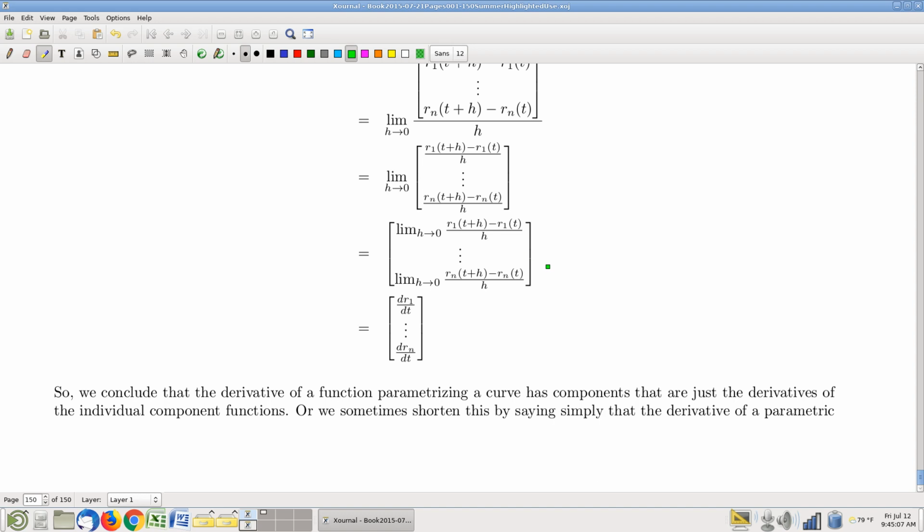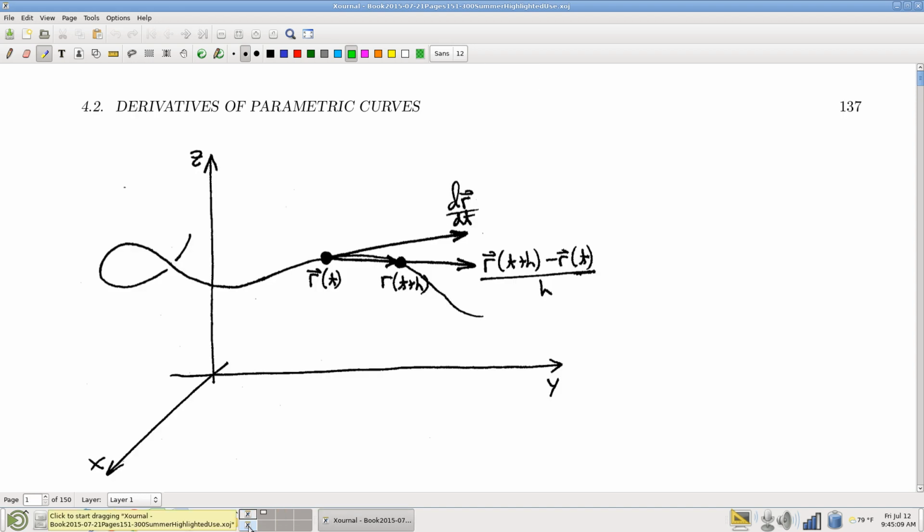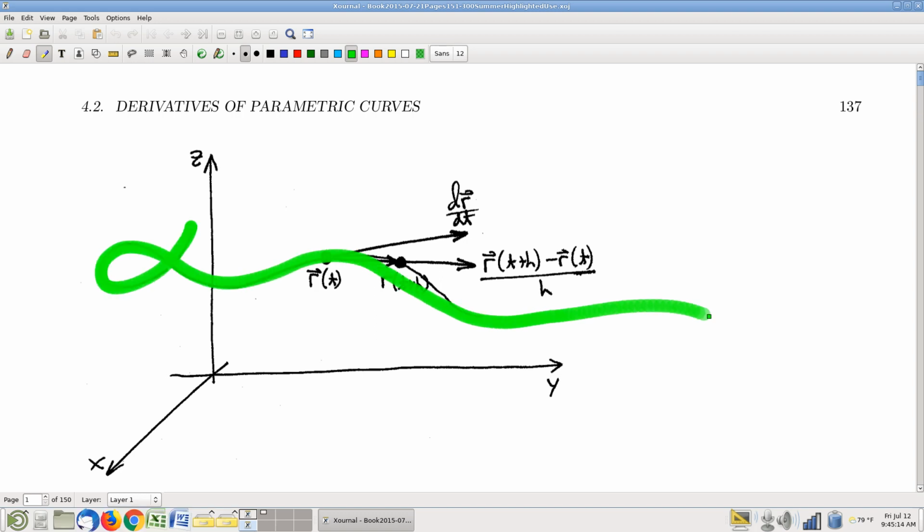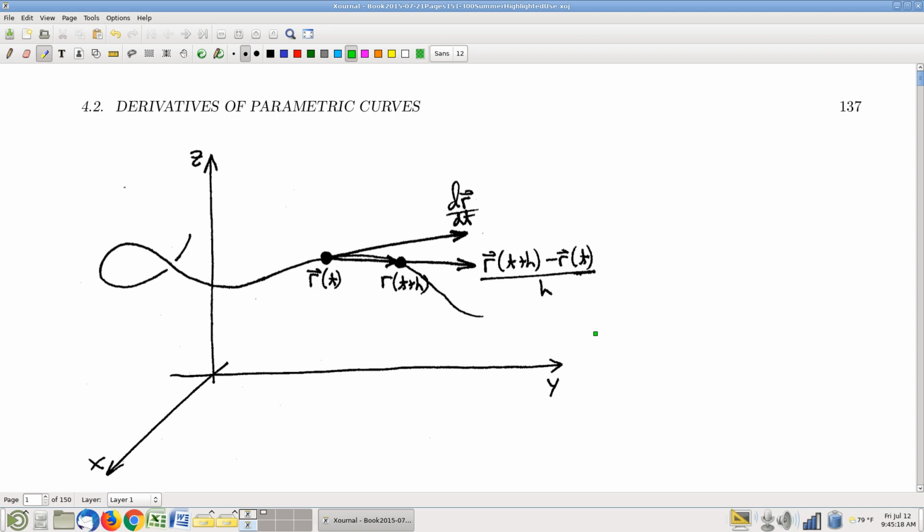Let's look at this picture right here. So here's our parametric curve floating around in space, off it goes. And here are the objects in play in that definition. Here's R of t. And here's R of t plus h. R of t and R of t plus h are just 2 points on that parametric curve. Now let's talk about the difference.